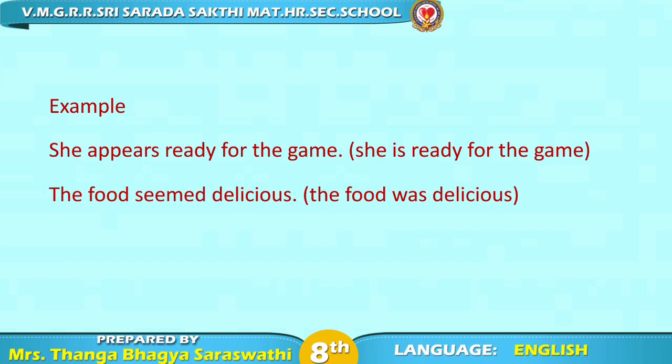Here seemed is a linking verb and it is replaced by the be verb. The food was delicious. The meaning remains the same. You look happy, you are happy. Here look is the linking verb and it is replaced by the be verb are. The meaning remains the same.